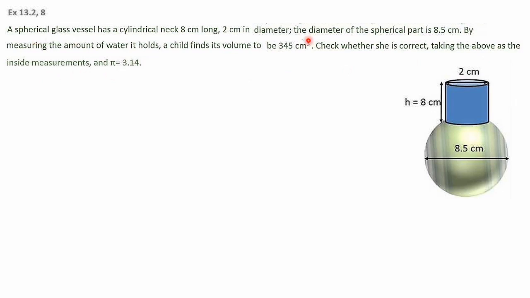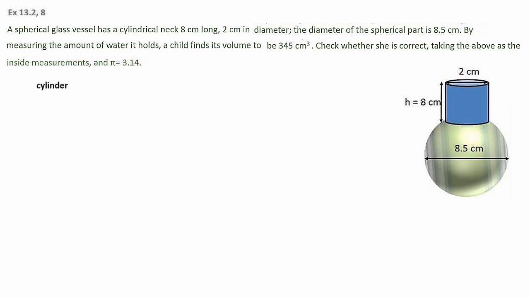By using these measurements, you have to calculate the volume and compare it with this one and check whether this one is correct or not. She measured the quantity of water which can be filled inside. By measuring only, she got 345 centimeter cube. You are asked to check by using these measurements.